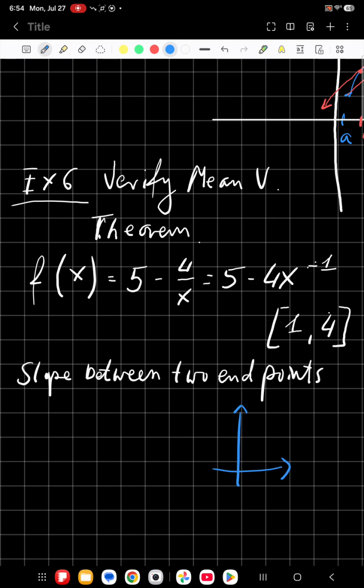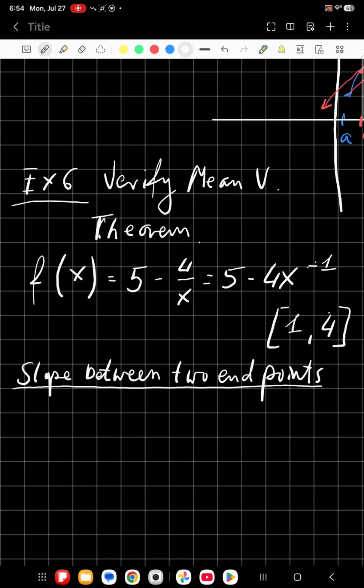We have some curve. We don't know what that is. So this is 1. This is 4. We don't know yet what the y values for those 2 numbers are. And then we have that secant line connecting those 2 points, and we're figuring out the slope of that red line. That's the idea. And then we'll take a derivative and we'll plug in the number that we found here.